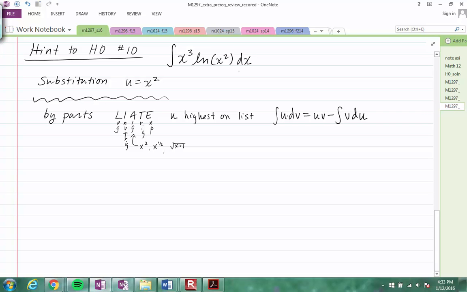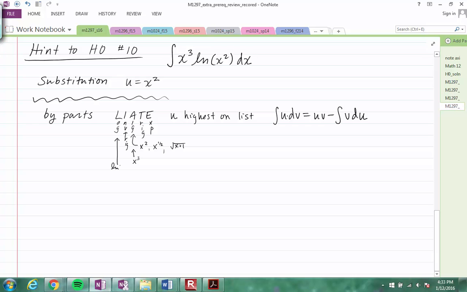So the u here would be, excuse me, x cubed is what counts as algebraic here, and then the ln of x squared overall is a log function.